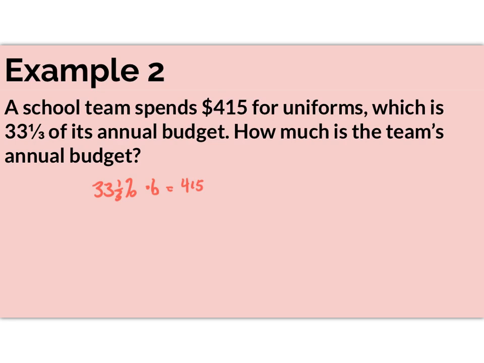So we're going to convert 33 and 1/3 into a decimal. 33.33 repeating times B equals 415. Then to go from a percent to a decimal, you have to divide by 100. So we got 0.3 repeating times B equals 415.